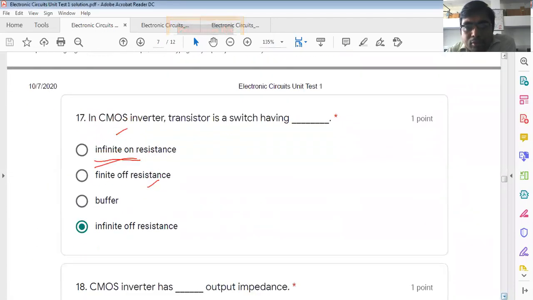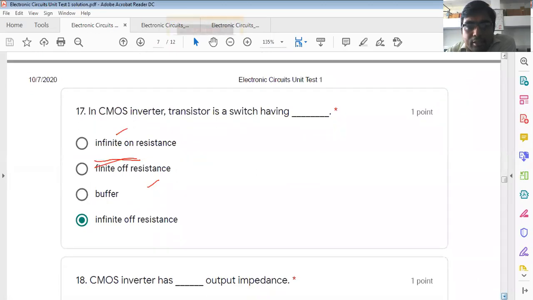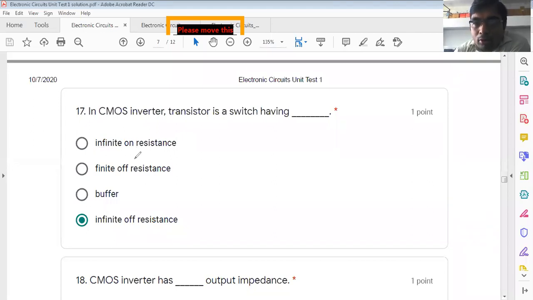Now come to question number 17. The question asks about the CMOS inverter transistor as a switch: infinite on resistance, infinite off resistance? Infinite on resistance is not possible, because when the transistor is on, the resistance starts to decrease and current starts to flow through the transistor. Finite output resistance, if it is an ideal device, is not possible.